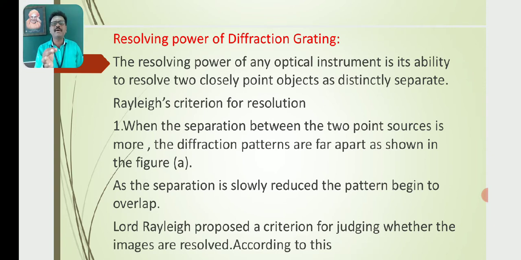Lord Rayleigh proposed a criterion for judging whether the images are resolved.